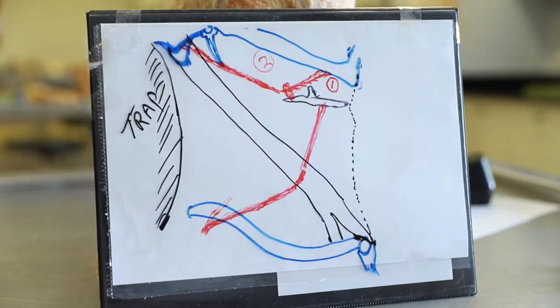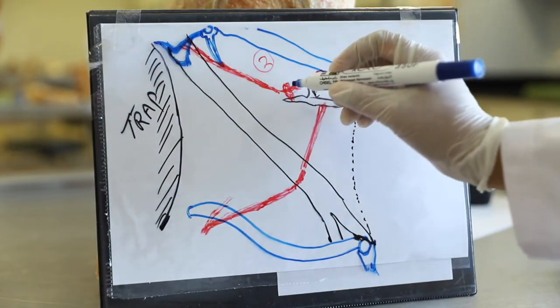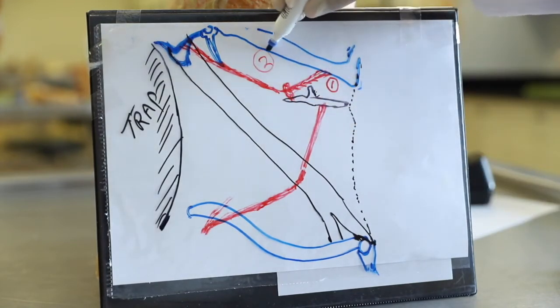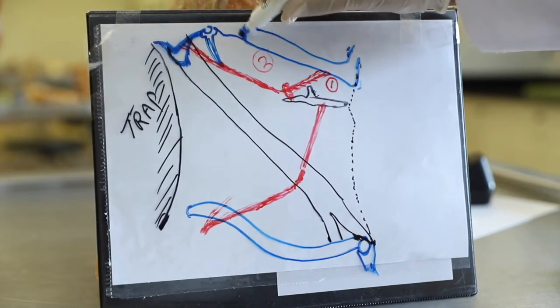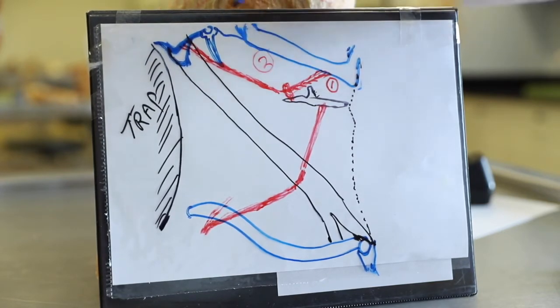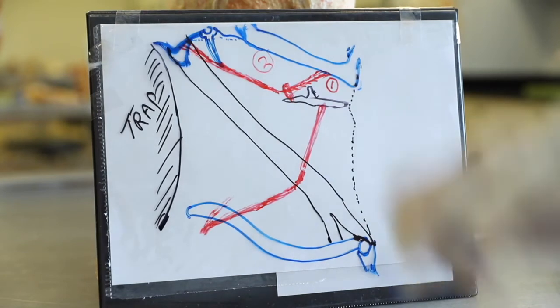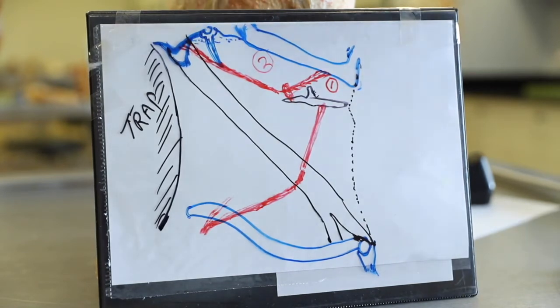The submandibular triangle is bordered by the anterior belly of digastric, the posterior belly of digastric, and the lower border of mandible, and the line that extends from the mandible to the styloid mastoid process. So this is called the submandibular triangle.